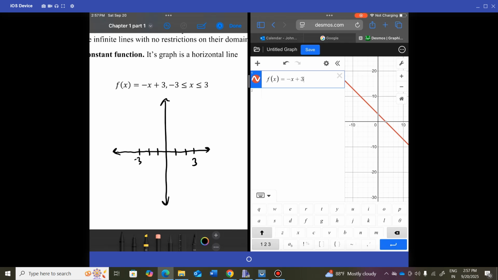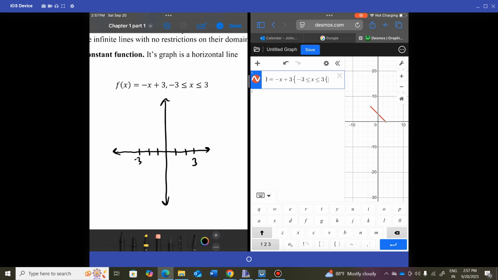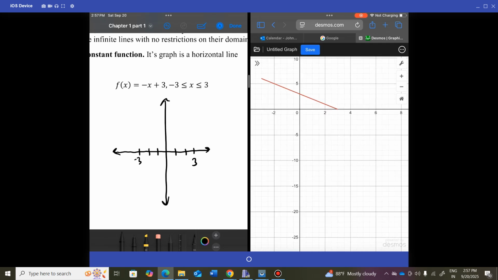So we hit brace, -3 less than or equal to x less than or equal to 3, and close the brace. They all close automatically. Okay, we can see it's graphed.